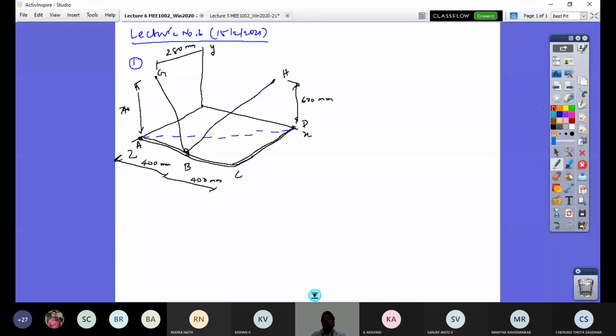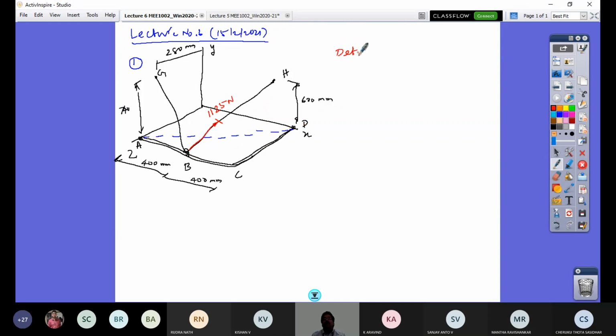So now the tension in this cable is given. There is a force, this tension, and it is 1125 Newton. All right. So the question asked here is: what is the shortest distance between BH and AD?